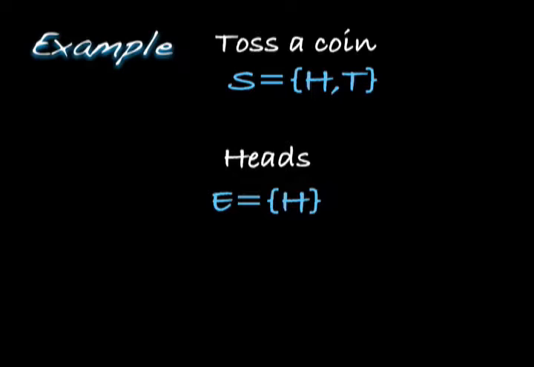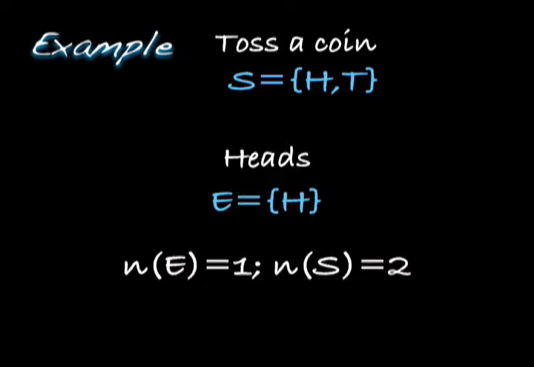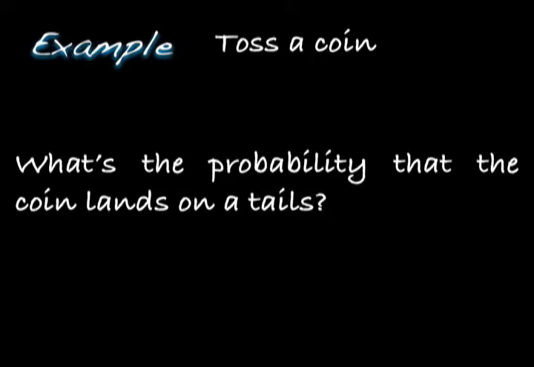The only outcome associated with the heads is the H. So there's one outcome associated with heads out of the two possible outcomes. There is one outcome out of two possible outcomes when you toss a coin that consists of tossing a heads.